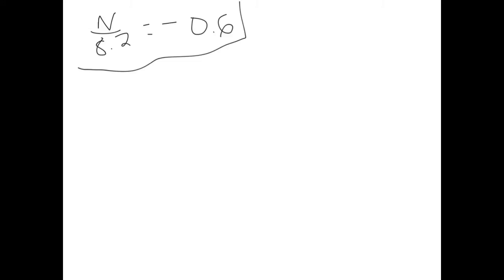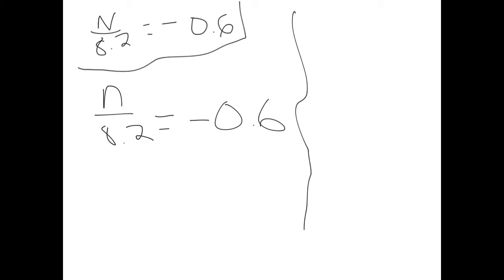Let's solve this equation. N divided by 8.2 equals negative 0.6. We must multiply 8.2 to each side.